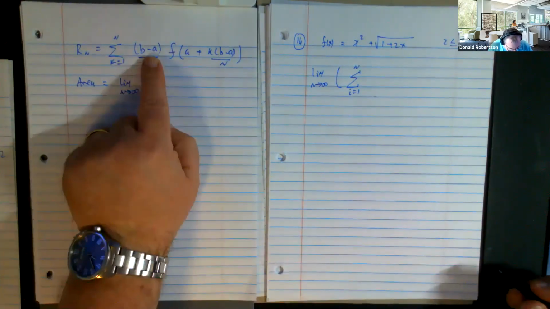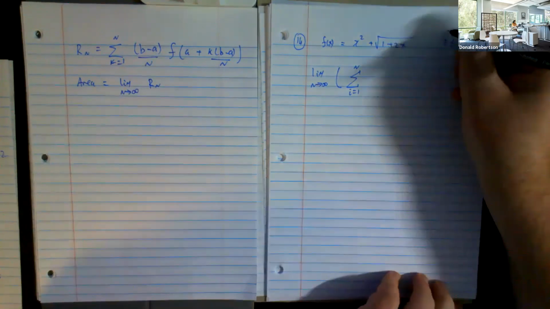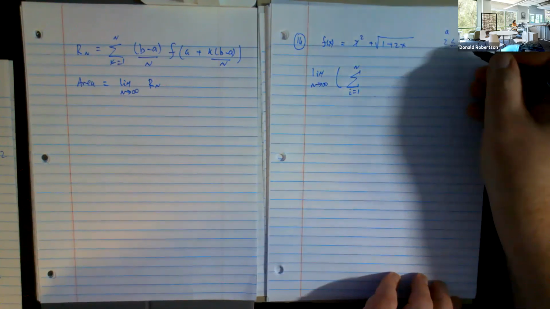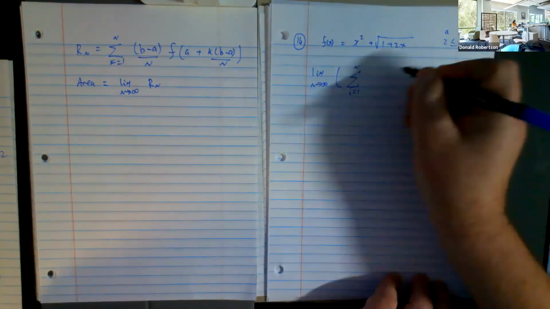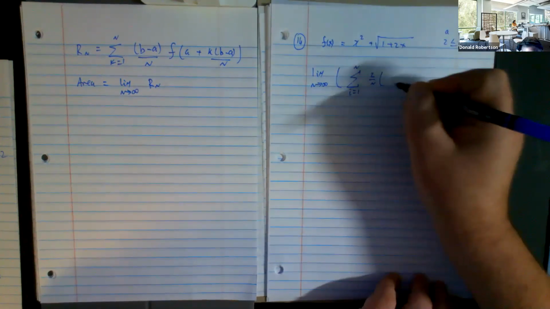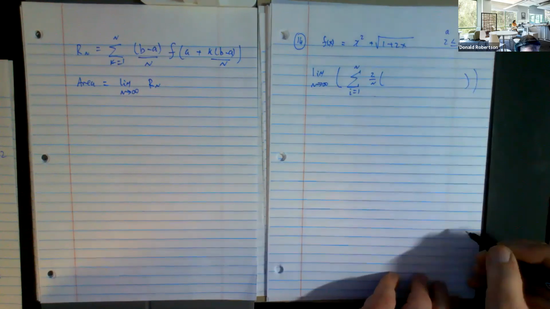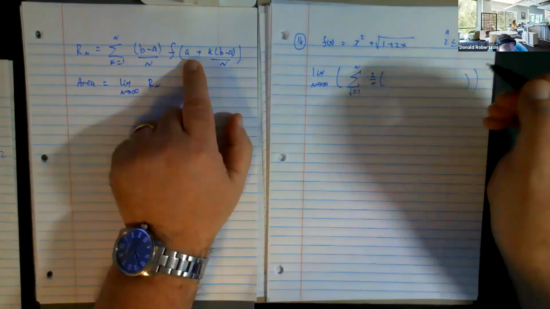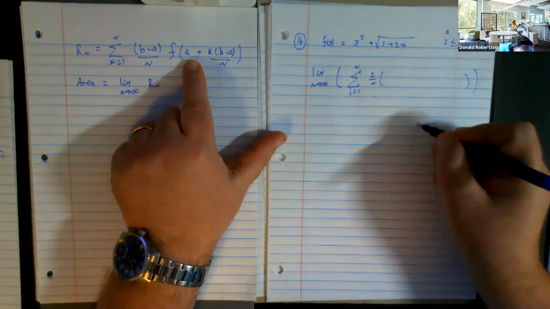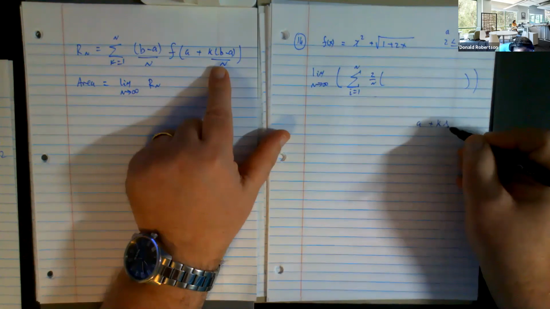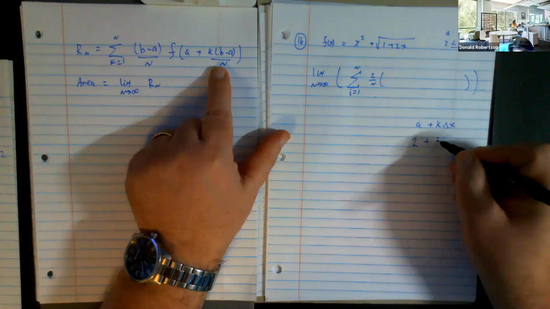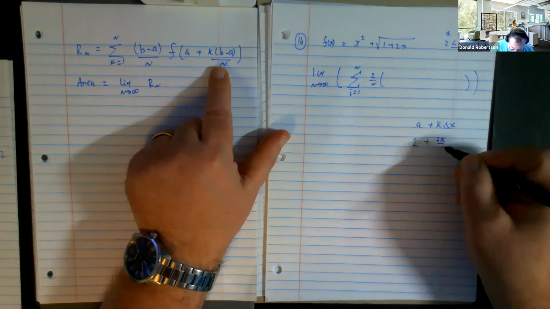Don't I need to find b minus a over n? Right? Delta x. 4 take away 2 over n. That's delta x. This horrible function. And we're ready. Well, this horrible function has to be evaluated at a plus k delta x, at 2 plus that guy.